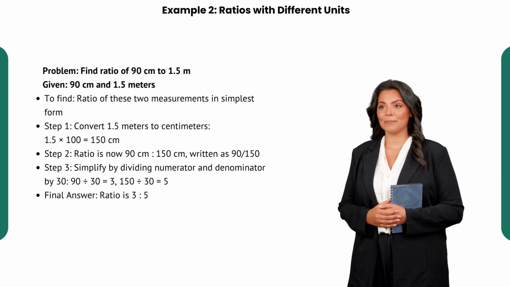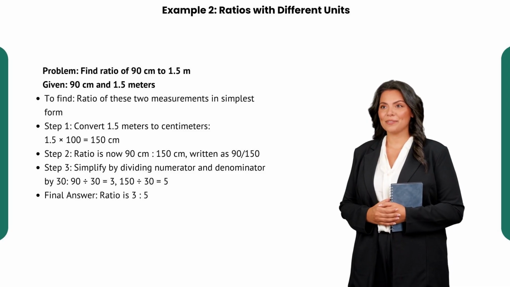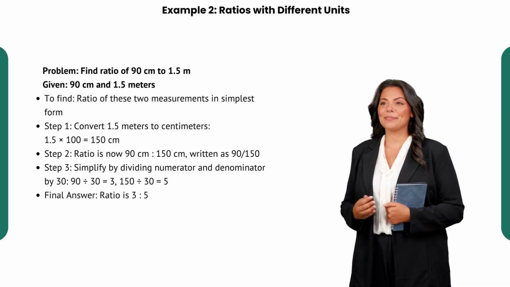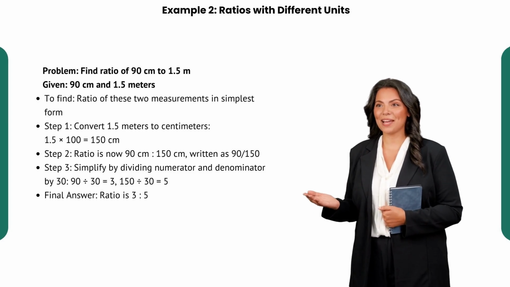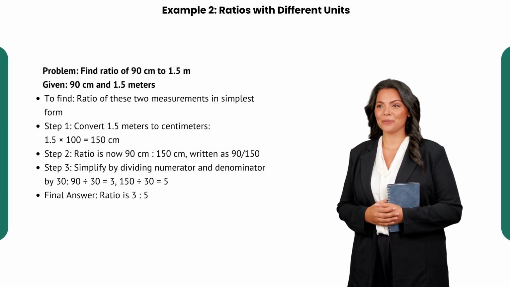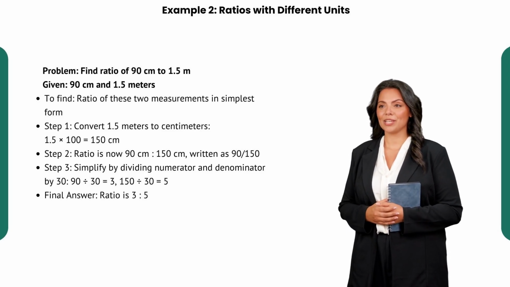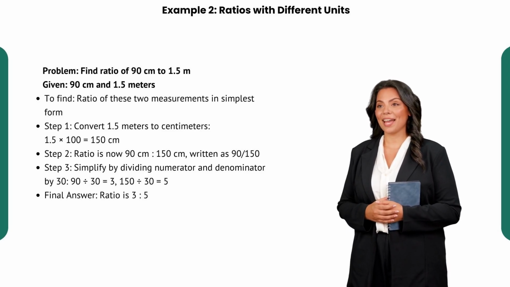Dividing 90 by 30 is 3, and 150 divided by 30 is 5. Thus, the simplified ratio is 3 to 5, or 3 is to 5. Remember to convert units first before finding ratios. Otherwise, you might end up comparing apples to oranges.